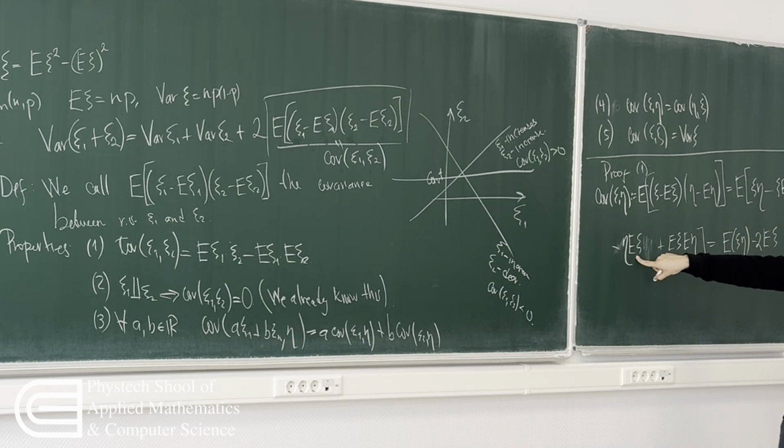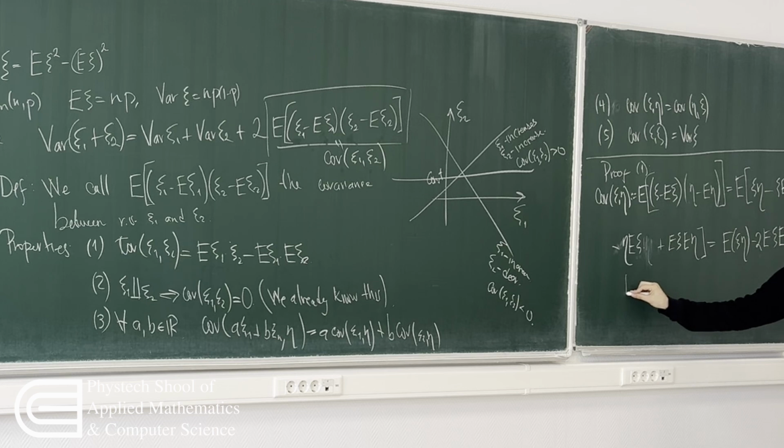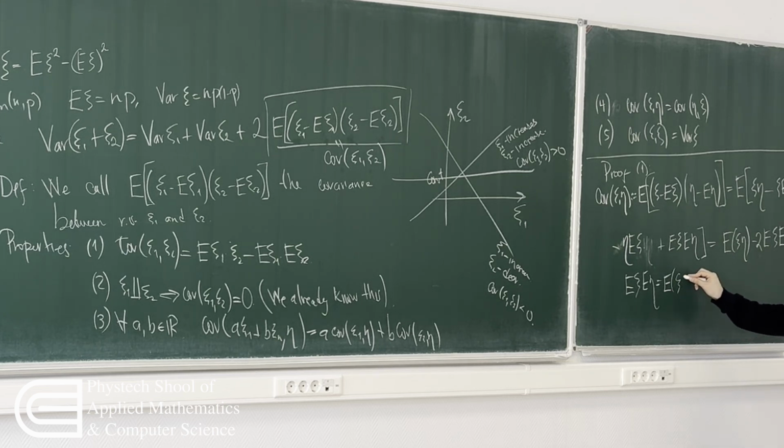Here we had the expected value of xi multiplied by eta, not the expected value of xi eta. Then we have minus 2 times the expected value of xi times the expected value of eta plus the expected value of xi multiplied by the expected value of eta. So we obtain that this is equal to, what we are looking for, expected value of xi times eta minus the expected value of xi times the expected value of eta. That's it. Right?